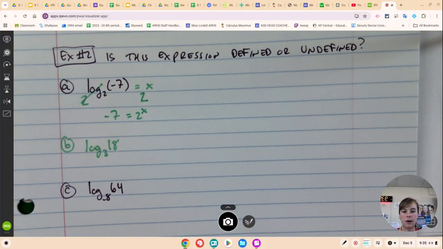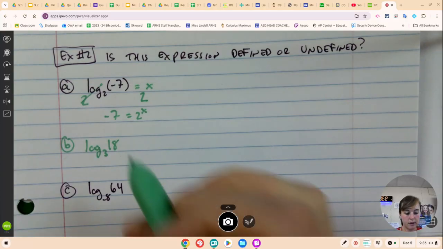If I take a positive number to a power, am I ever going to get a negative number? The answer to that is no. 2 to any power, if I make it a negative power, it's going to be a fraction, right? If I make it a positive power, it's just going to get larger and larger in the positive direction.